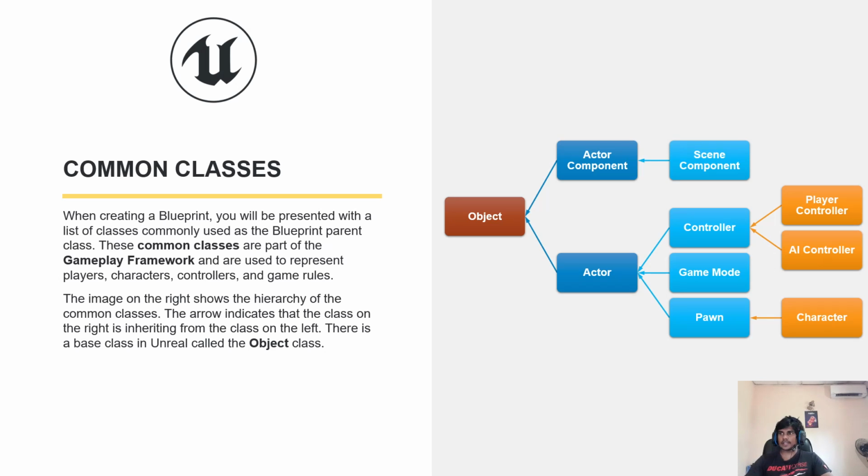We can't just drag and drop an actor component into a level, but we can add an actor component into an actor, for example a movement component or any other scene component. It will be much clearer when I explain it with an example.